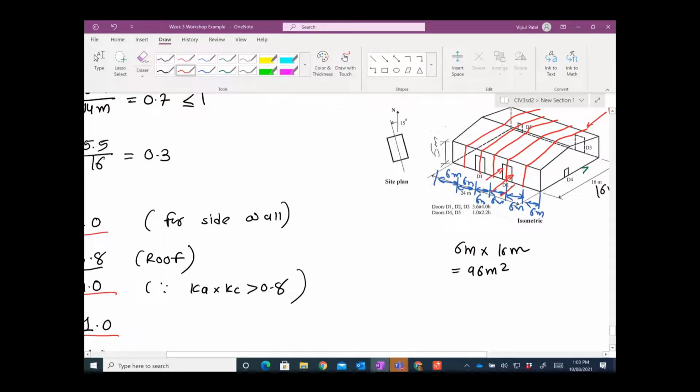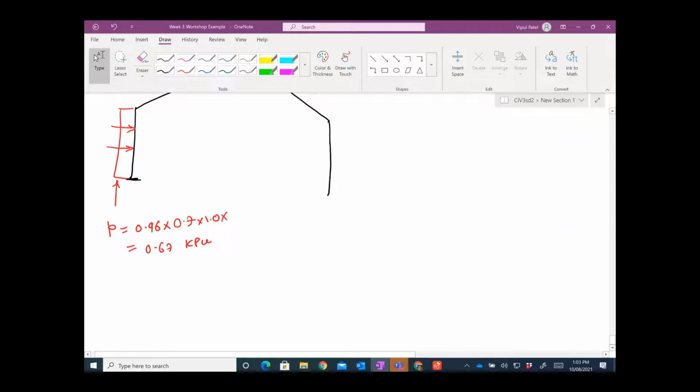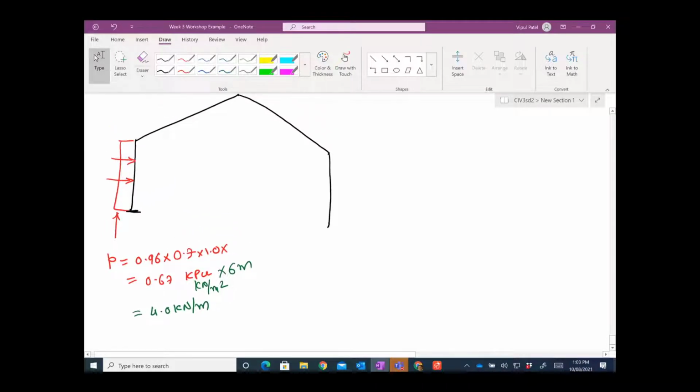Because that pressure is coming here, and this is the tributary distance that you take for the UDL load. You multiply by 6 meters because this is kilonewton per meter squared. So pressure times perpendicular distance, you remember that from our examples. So 0.67 times 6, you get 4.0 kilonewton per meter as a UDL load. I hope you understand that.